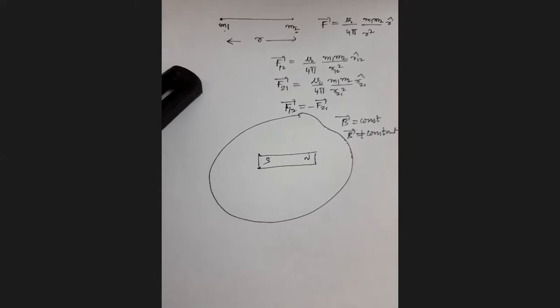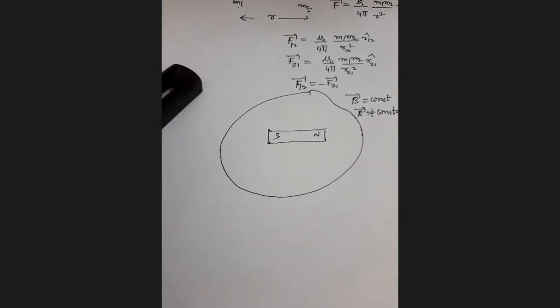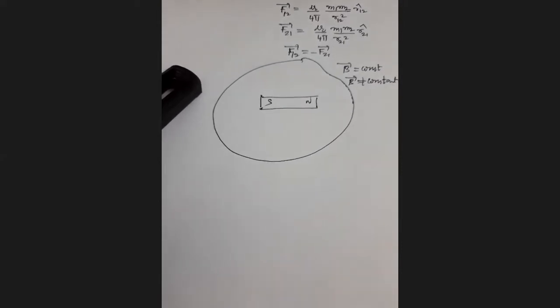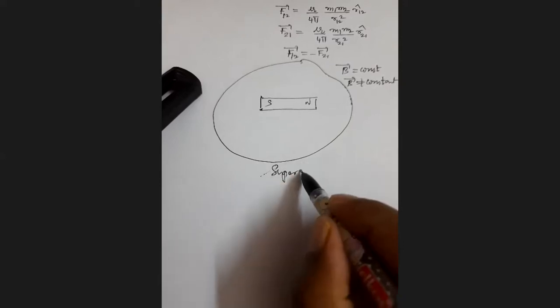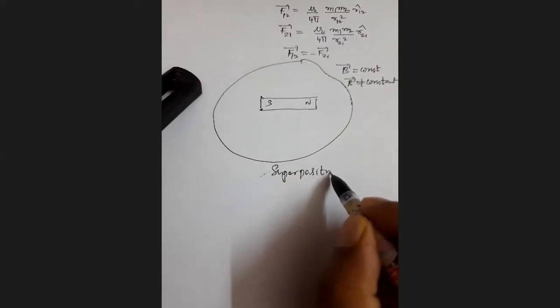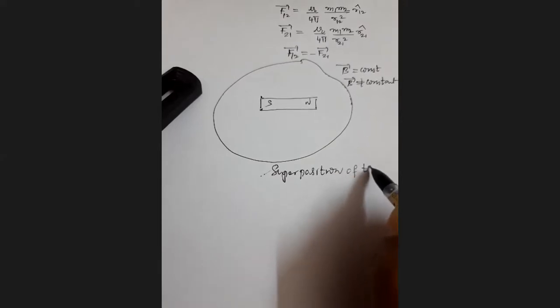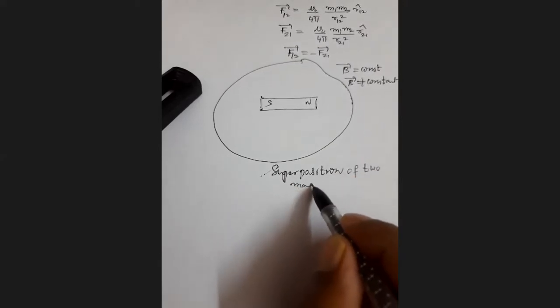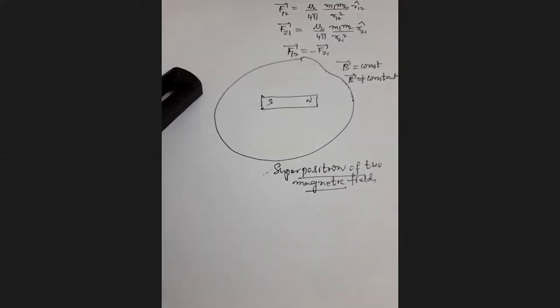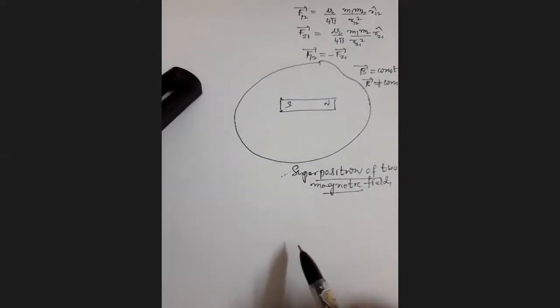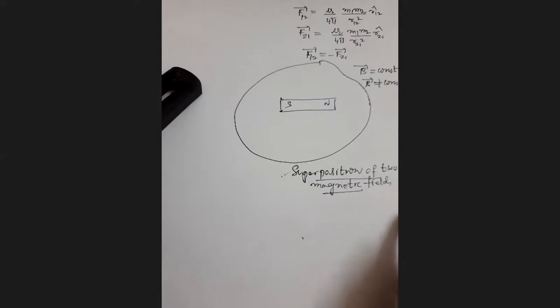So here, let us see the superposition of two magnetic fields. For example, here I am showing the directions east, west, north, and south.